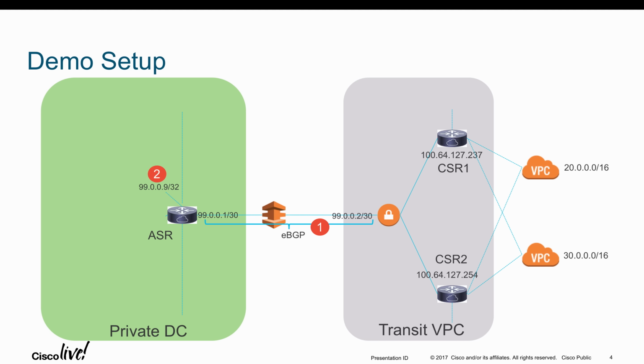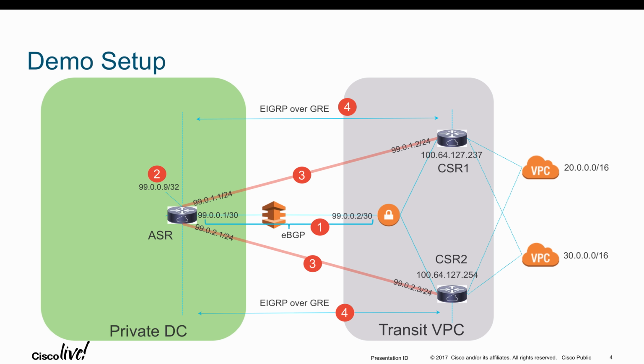After that, you create the tunnel from the ASR to your CSR and use the loopback IP as a source, and also use the CSR private IP as destination and create the tunnel. After that, if you need IPsec, you can enable IPsec over that tunnel. You can create IPsec tunnel. If you don't use encryption, you can just use GRE tunnel, which I use in my demo.